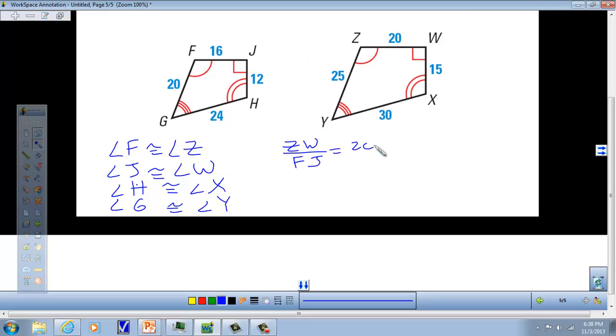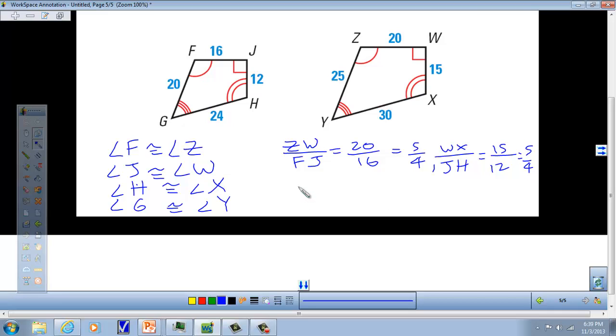That gives us 20 over 16, which reduces to 5 over 4. We've got WX over JH, and that gives us 15 over 12, which again reduces to 5 over 4.